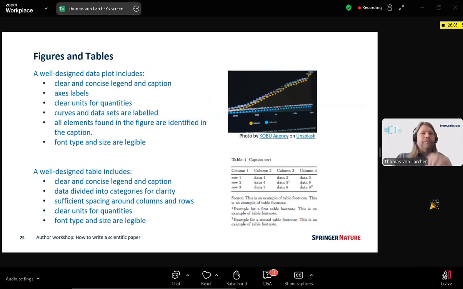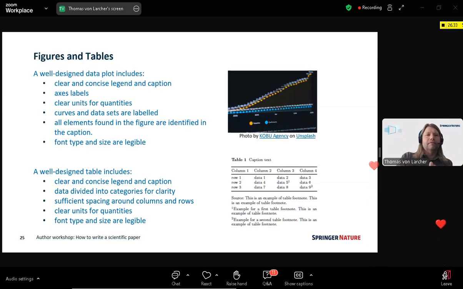Okay, so for figures and tables, right, please make sure that your legend is clear and concise, as well as the caption. Axis labels, please include axis labels, clear units, labels as well is very important, and all elements found in the figure must be identified in the caption, right?